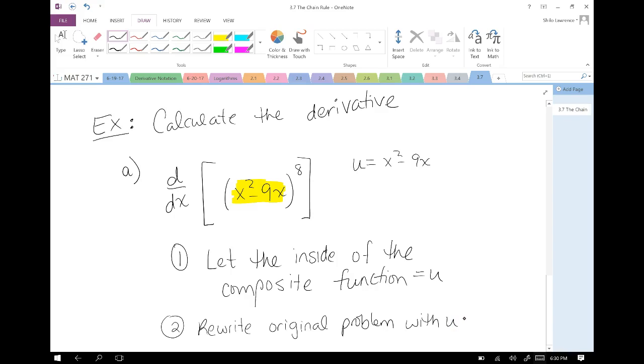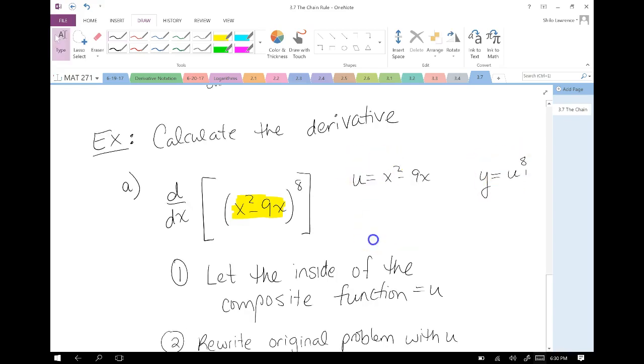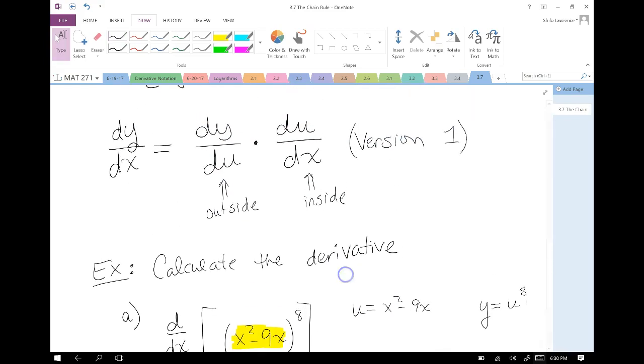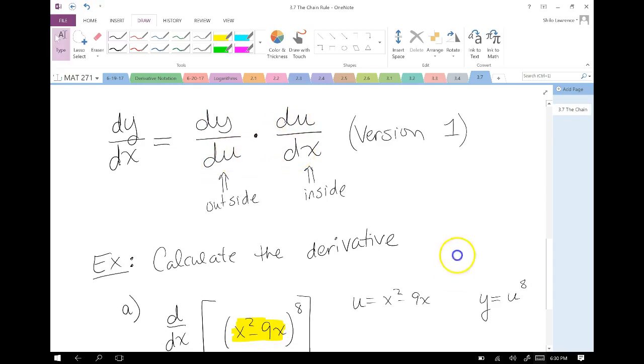And that's my y. So I've got y in terms of u, and I've got u in terms of x. So if you look back at what we had up here, I'm going to be taking the derivative of y in terms of u, and I'm going to be taking the derivative of u in terms of x, and multiplying them together.